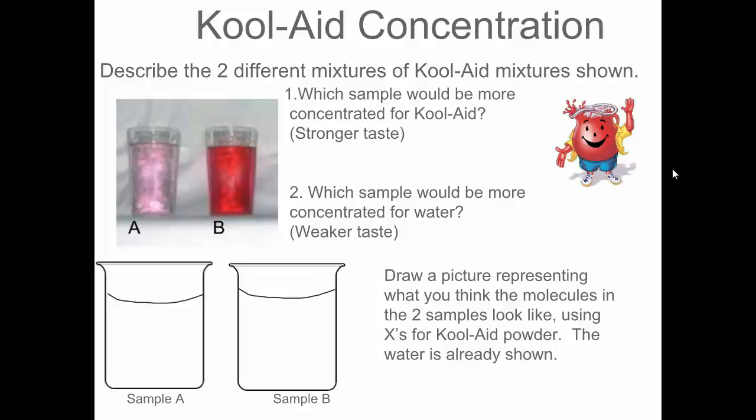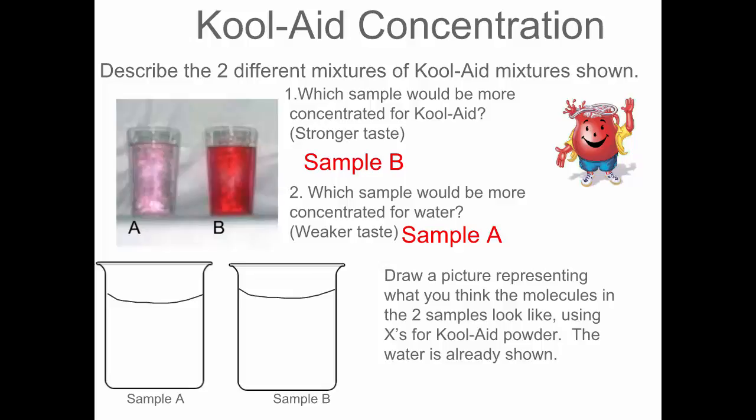It's a more concentrated Kool-Aid solution. Glass A has a weaker taste. It has a less concentrated Kool-Aid solution, which has a higher concentration of water. A or B? A. So B has a higher concentration of Kool-Aid, and A has a higher concentration of water.